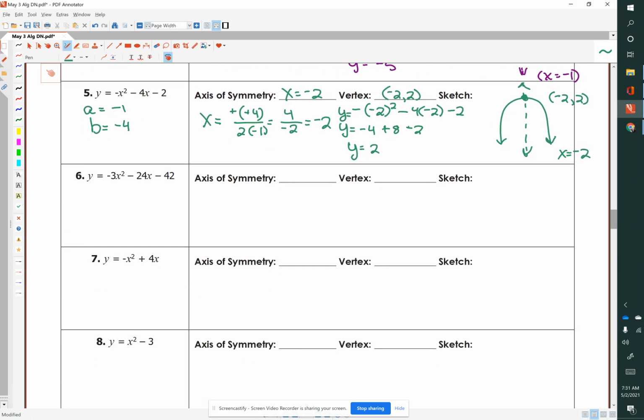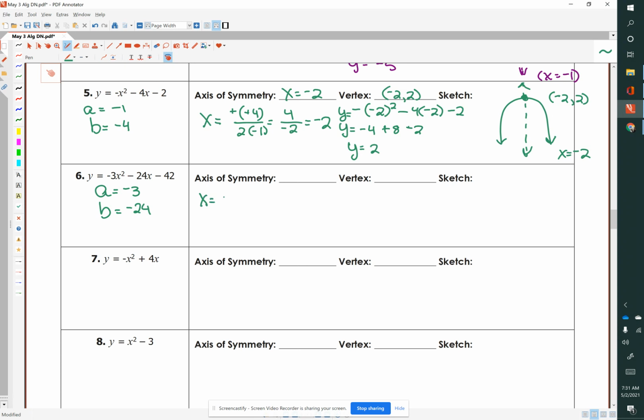Number 6. I hope that you're not finding these too difficult. So number 6, y equals -3x squared minus 24x minus 42. Our a equals -3, so we have a downward facing parabola. Our b value is -24, so we want to be very careful when we evaluate for the axis of symmetry.